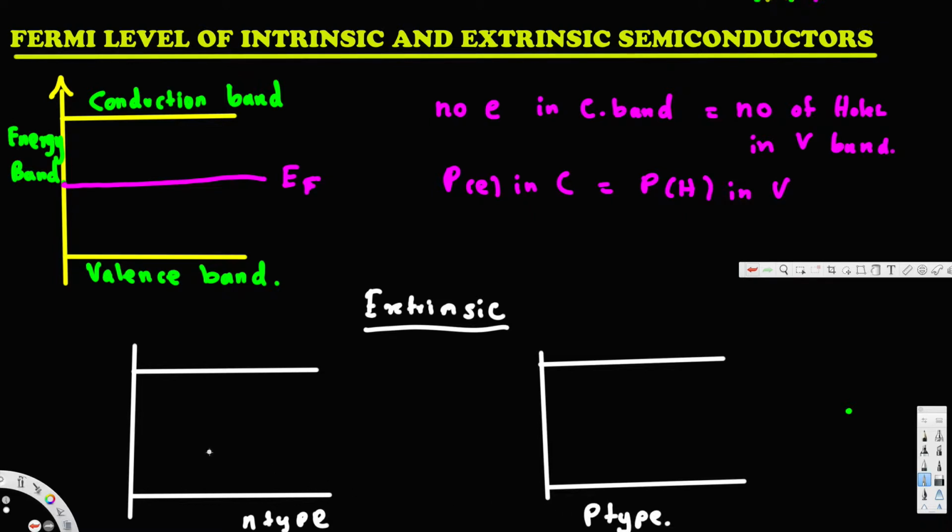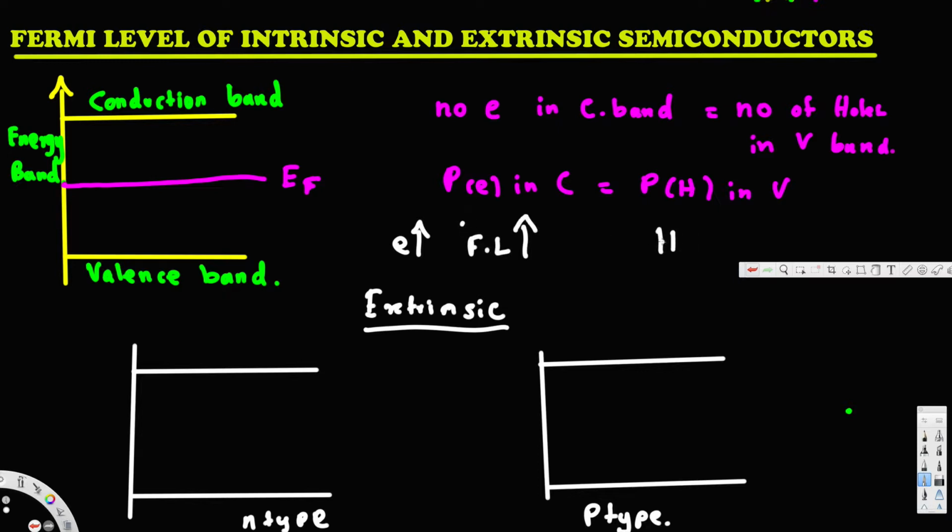For N-type, the conduction occurs mostly due to electrons. So when we have higher electrons, it moves toward the conduction band. Here let's compare the relationship. When the electrons are high, the Fermi level goes up.